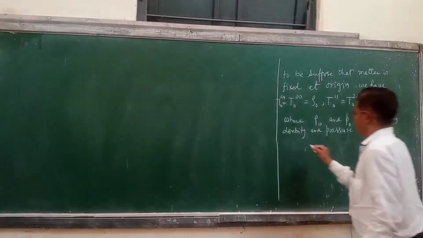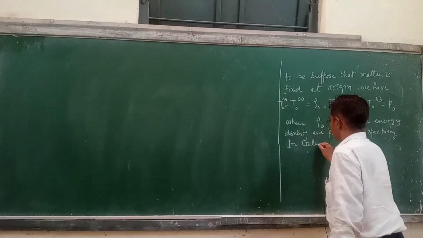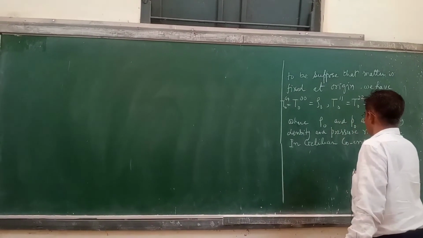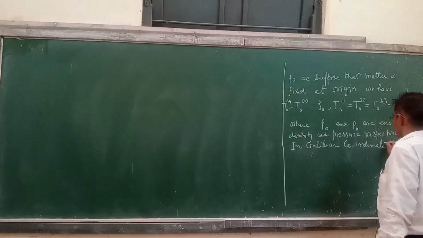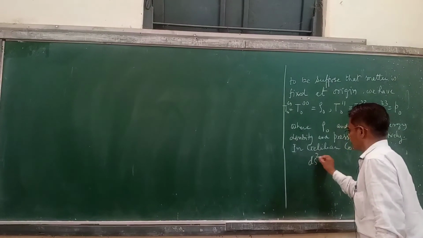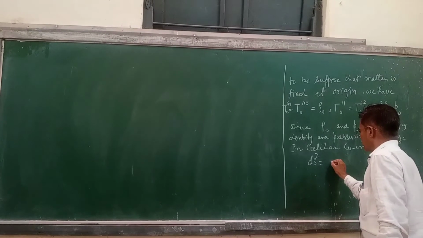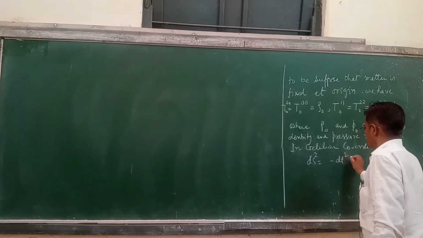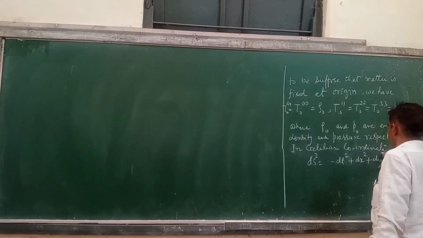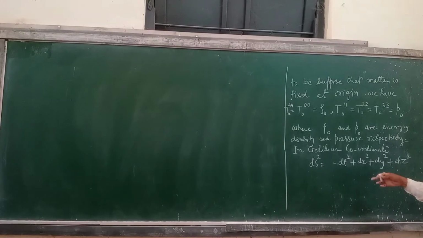Now in Galilean coordinates, ds square is equal to minus dt square plus dx square plus dy square plus dz square, meaning this is the line element.